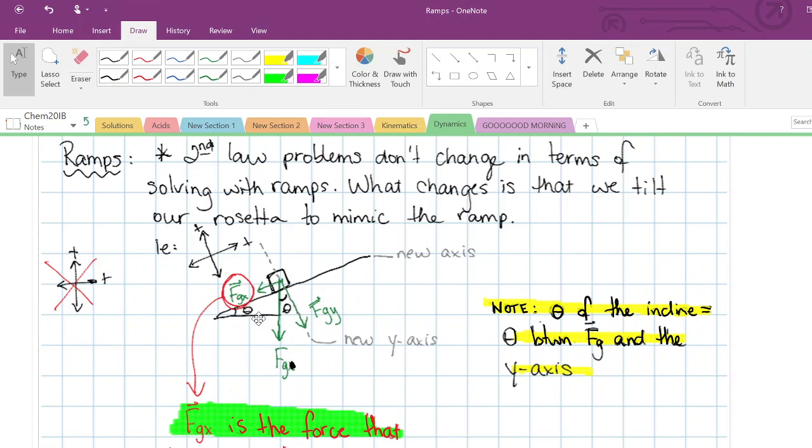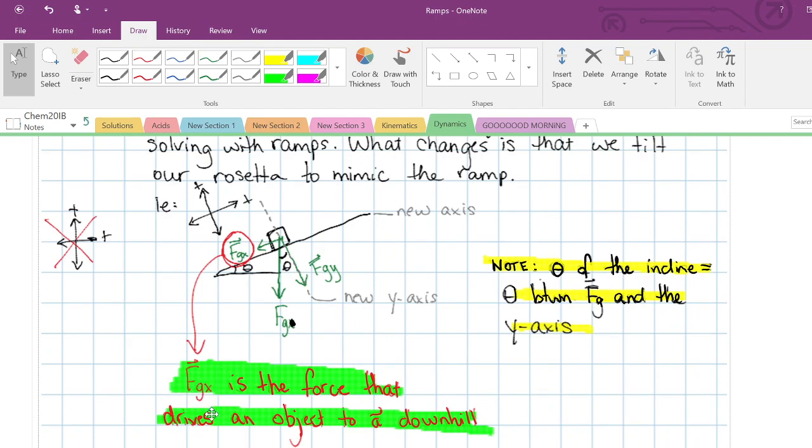So keep that in your memory, because that is an important thing for you guys to remember so that you're able to solve these problems. And I've given you the note here and highlighted it for you. Now, in these notes, I'm referring to this as force gravity X, but truthfully, you should refer to it as force gravity parallel to the surface, which is how we've been doing it in class this semester. So it shouldn't be anything new for you guys.